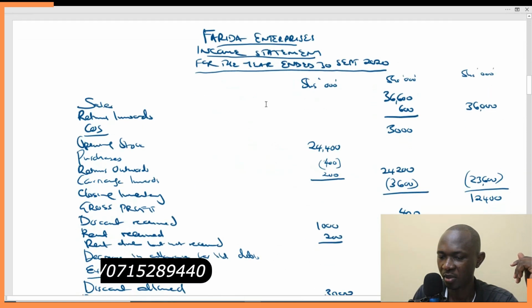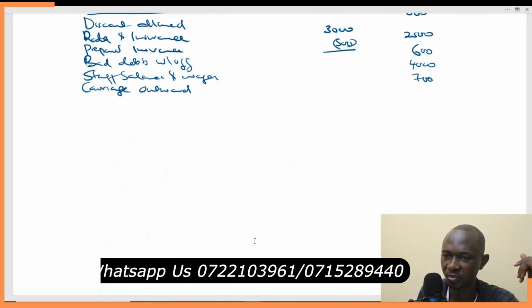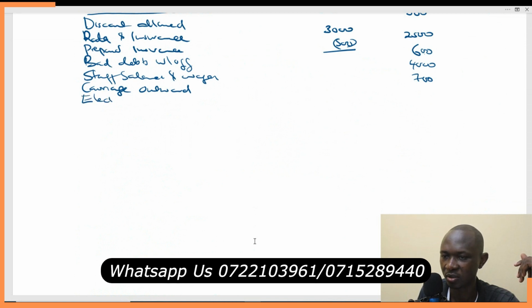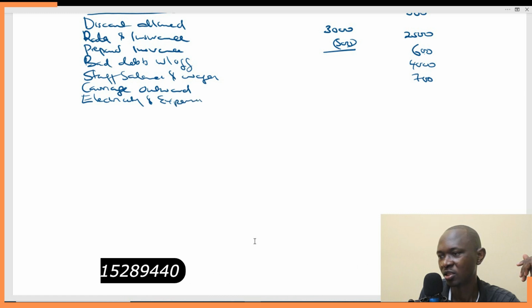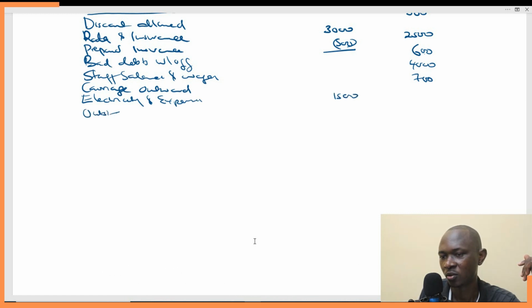So we'll come here and say electricity and water. How much? 1,500. Because of the workings, we'll have outstanding electricity expenses. Outstanding electricity expenses was 300 if I'm not wrong. So this makes it 1,800.